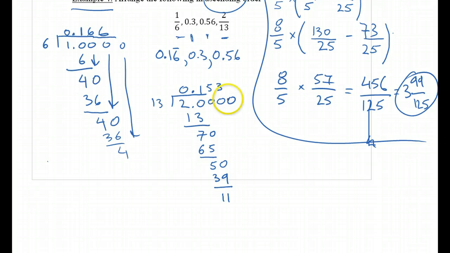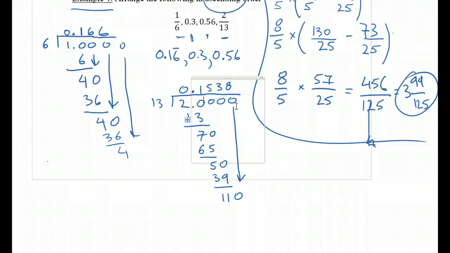Oh, we've got a bit of work to do here. Okay, and then I've got another 0. So 13 goes into 110. I believe it goes 8 times. Let me check that. 8 times 10 is 80. 8 times 3 is 24. So 8 times 13 is going to be 104.